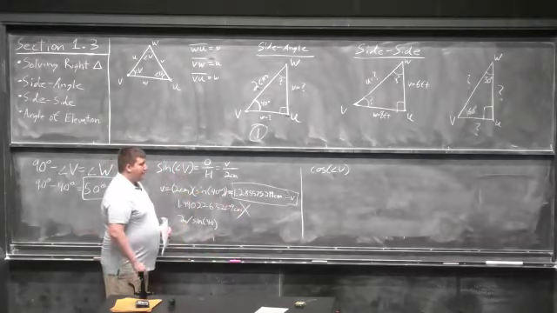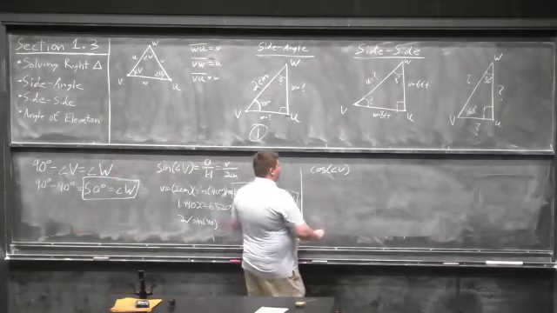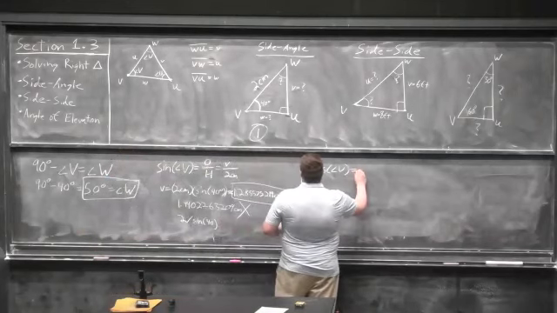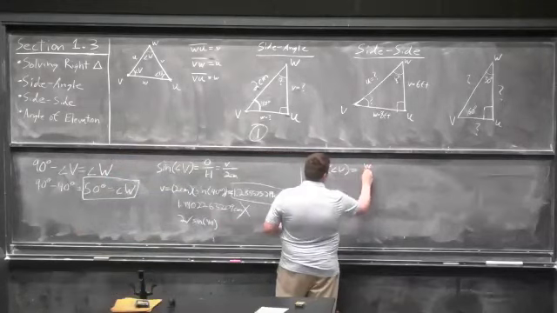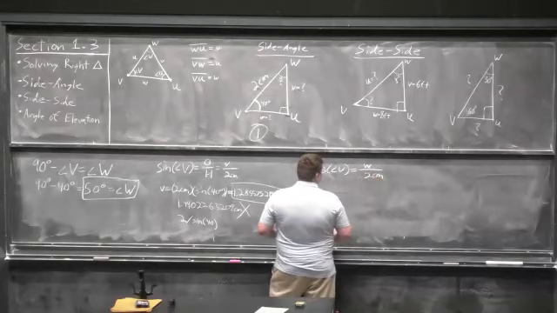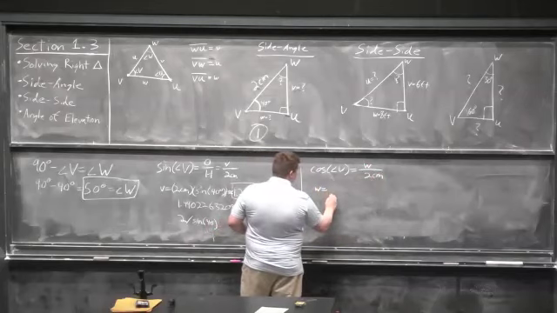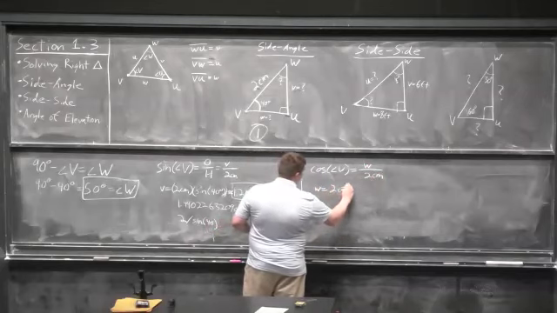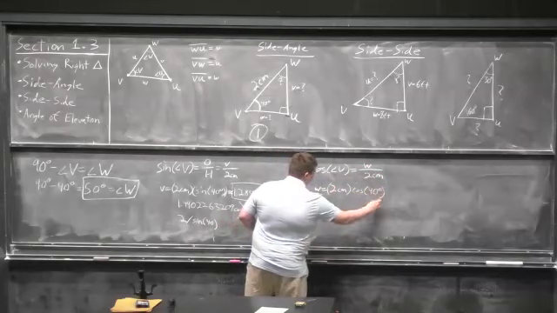Okay? So when I build this in as cosine of angle V, I have adjacent over hypotenuse, so I have my little w over 2 centimeters. I'm going to solve for W, so I have little w is equal to 2 centimeters times cosine of 40 degrees.